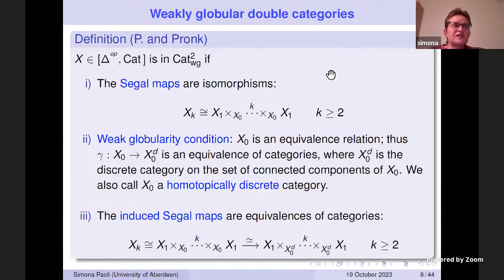You take a topological space and you apply the singular functor, you obtain a simplicial set, and then from there you obtain a bisimplicial set, and then you take the fundamental double groupoid of that, and you obtain a weakly globular double category where certain things are groupoidal.